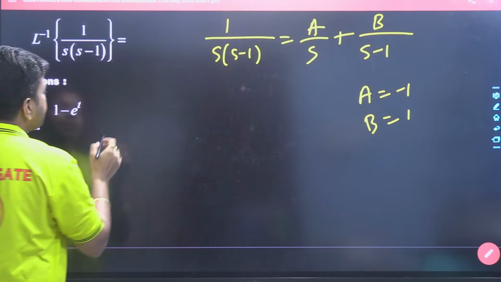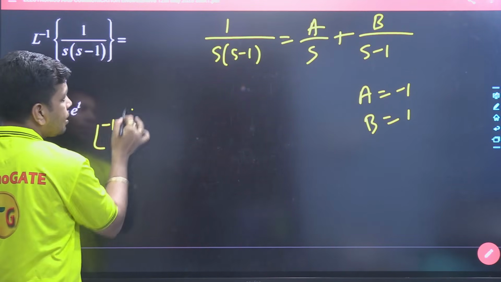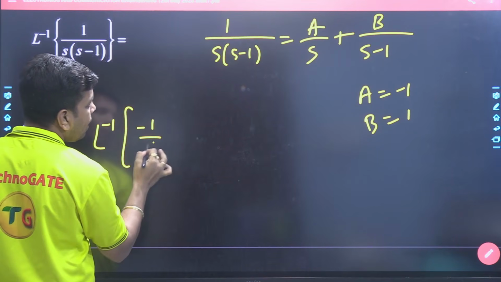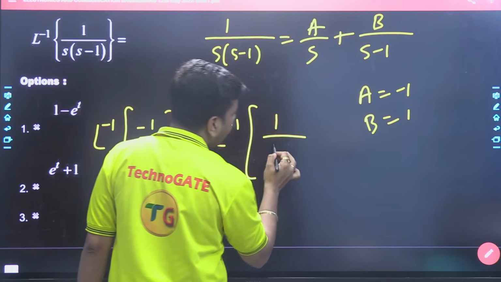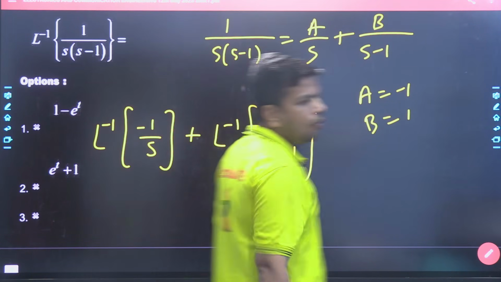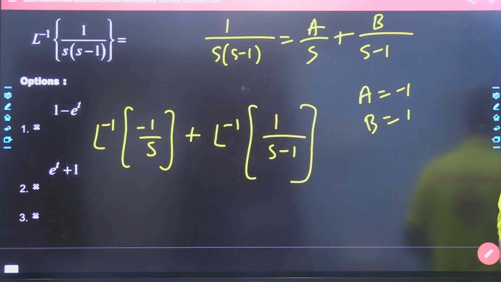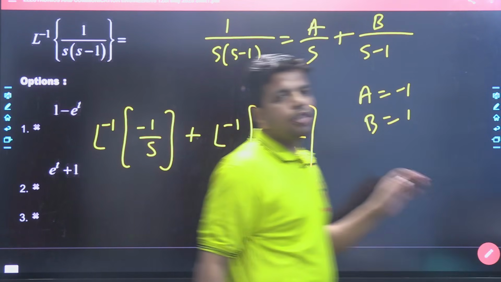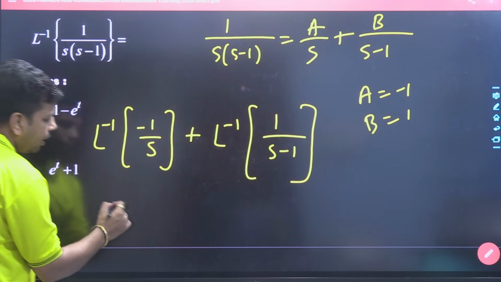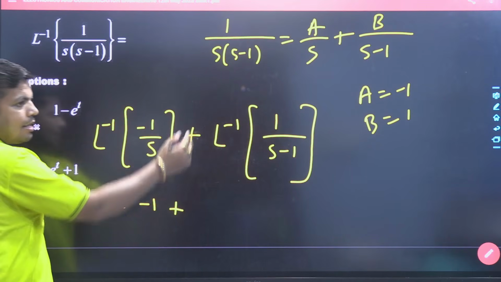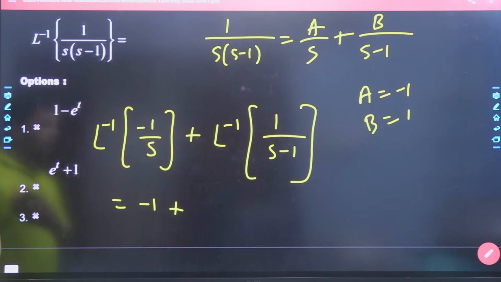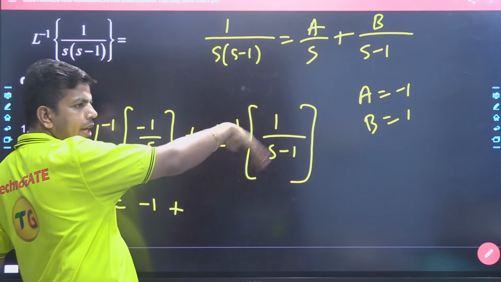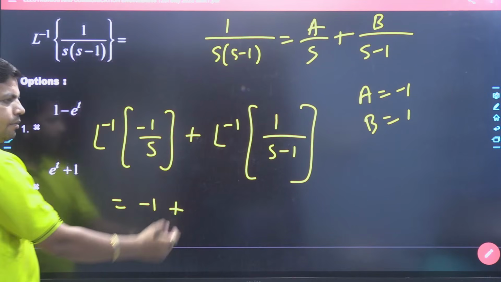So you need to take the Laplace inverse of minus 1 by s plus the Laplace inverse of 1 upon s minus 1. The Laplace inverse of minus 1 by s becomes minus 1, plus the Laplace inverse of 1 upon s minus 1, which is e raised to t.